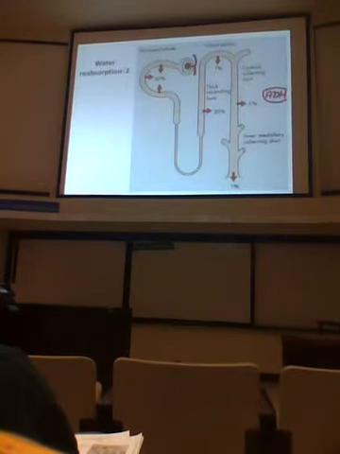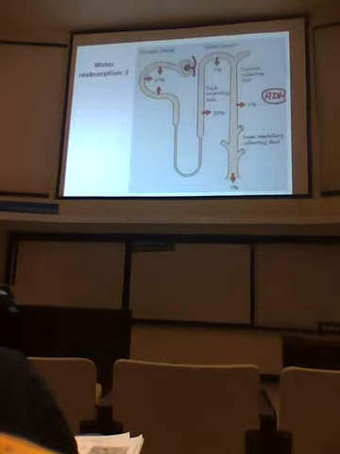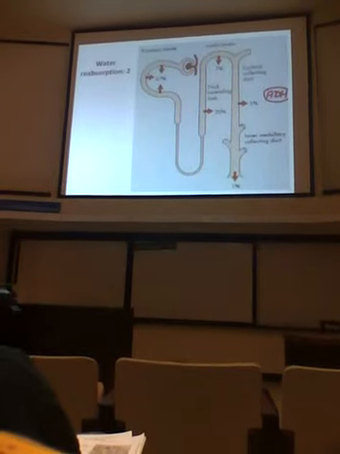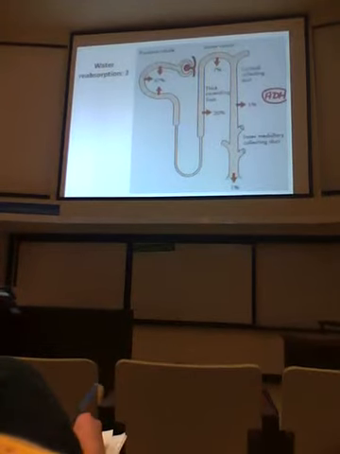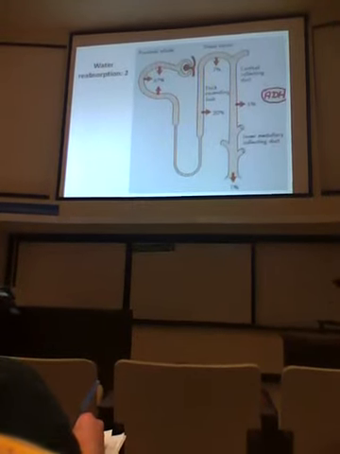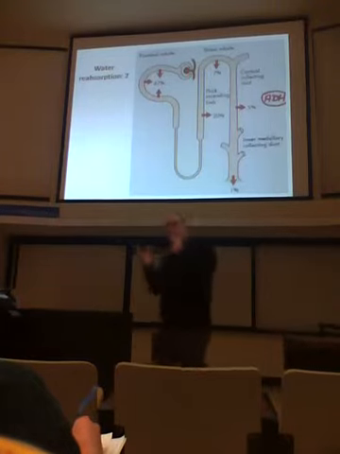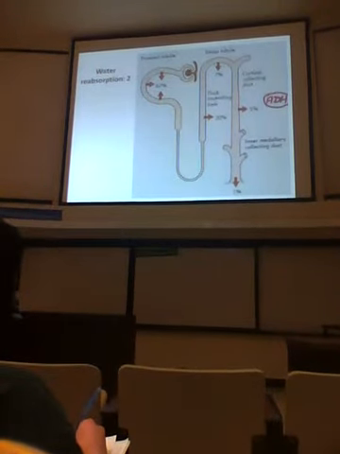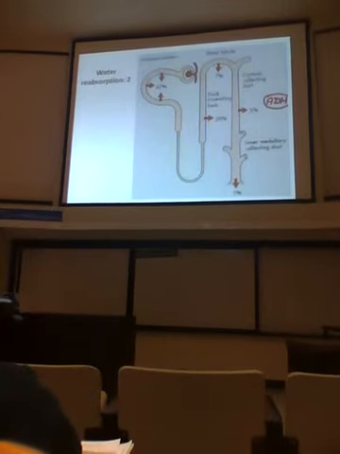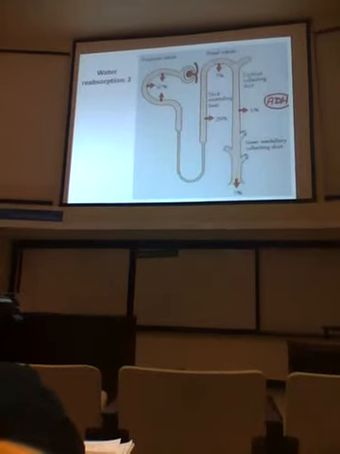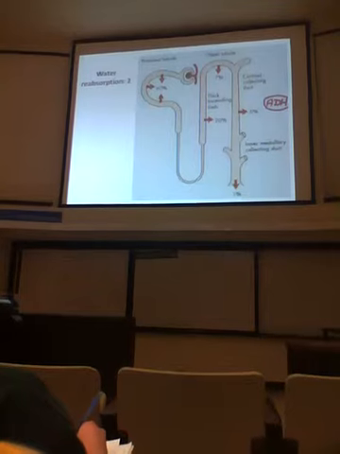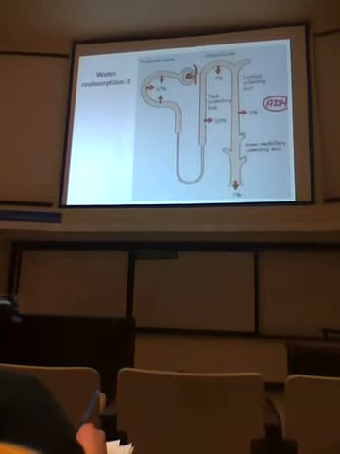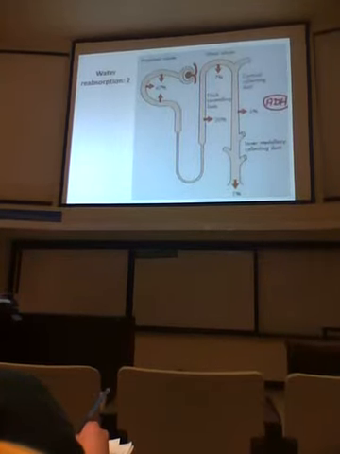Now, this is a general picture, and I don't want you to remember these numbers particularly. What I want you to remember from this picture is the introduction to the fact that your peeing out of water is dependent on the collecting ducts under the influence of this substance called ADH.